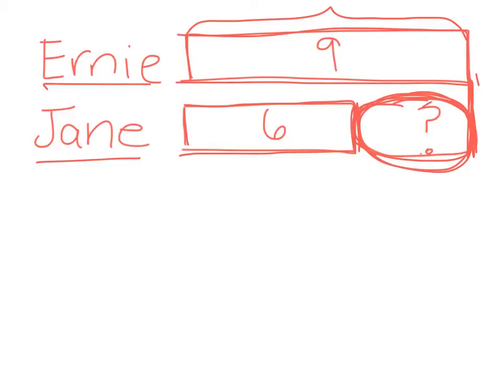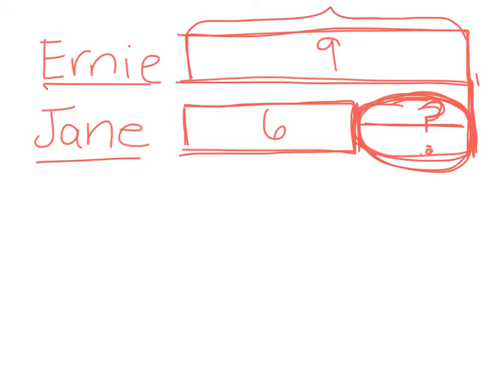It's going to make an oval between those two amounts. Then I'm going to put a question mark in my oval, because this is the amount that's different between Jane and Ernie. And I'm trying to figure out how much would go in this question mark oval. How many more apples does Ernie have than Jane?